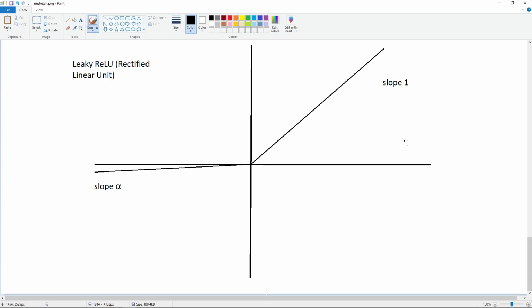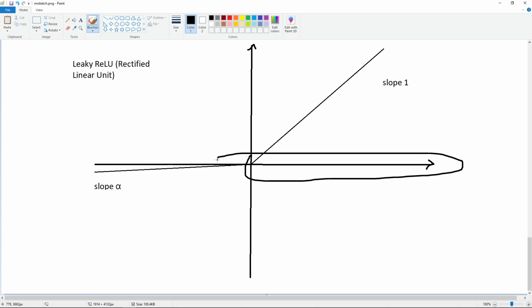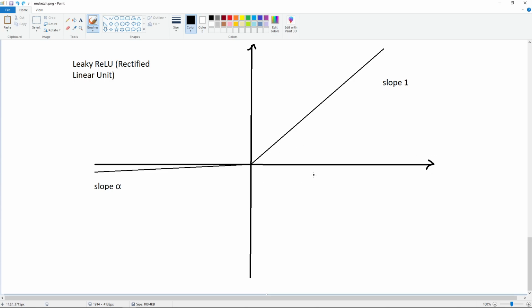And this is the function we are going to write. We are going to write a function that takes numbers in, and the positive numbers, the numbers on this half of the axis, are left untouched. That's basically what it means to have this line over here with slope 1. It means that a number that goes in here comes out exactly the same. And for negative numbers, those on the left side of this axis, those are going to get multiplied by a small number alpha to make them quote-unquote less negative.